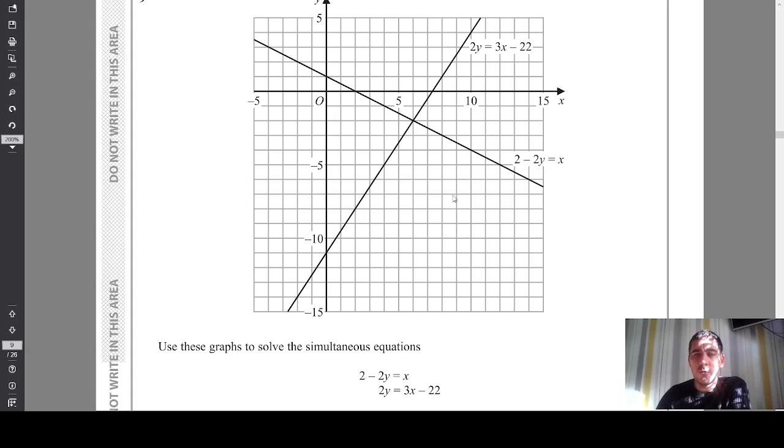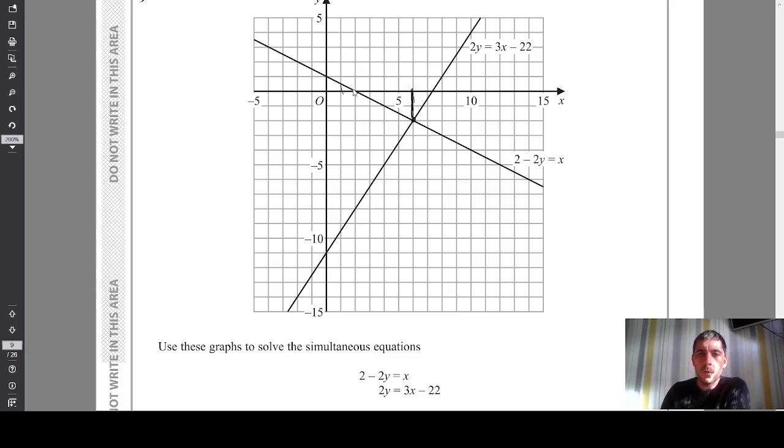The only thing you need to recall is that if we solve simultaneous equations, the solution will be the intersection of the two graphs. So just check where those two graphs intersect. You can see clearly that it's on 6, and make sure that you check with the scale.